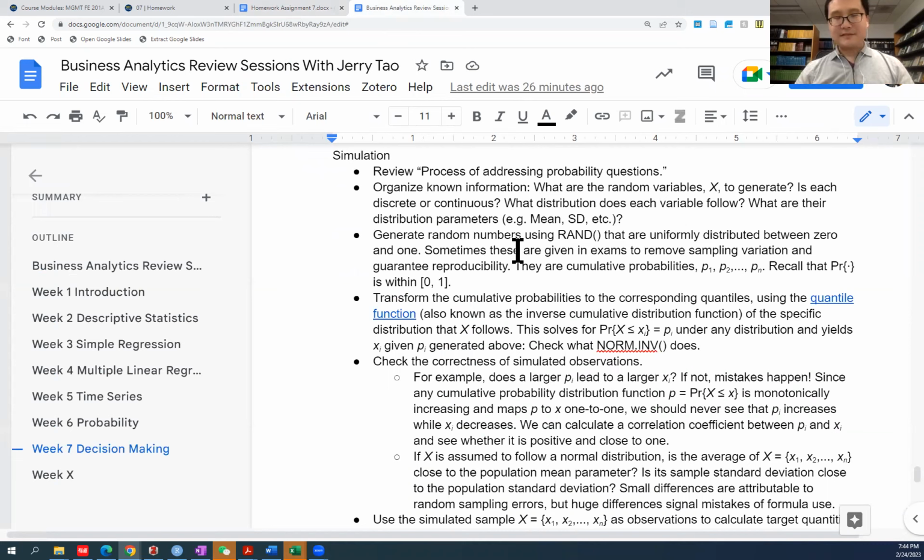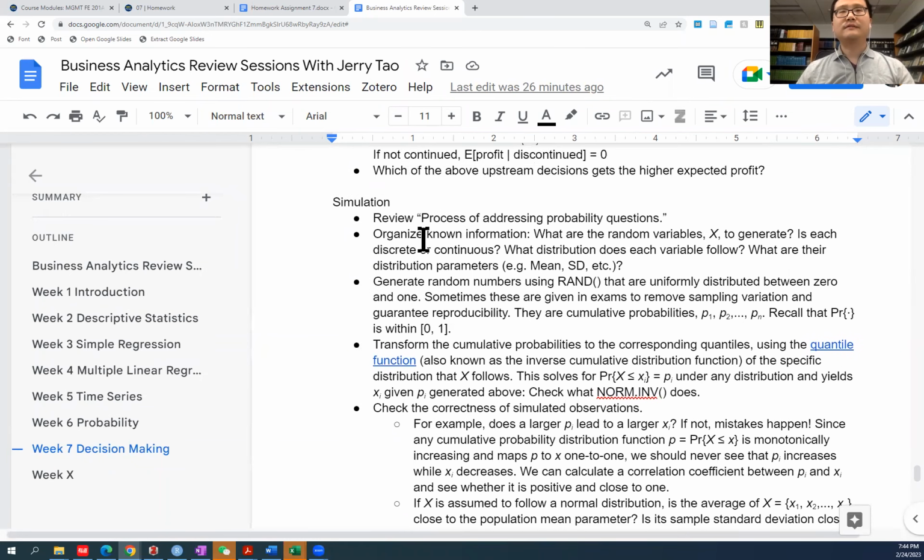All right, understanding what we are given and what we need to do, the next step is to understand how we need to realize a simulation case. I encourage you to first read the process of addressing probability questions in the week 6 notes.